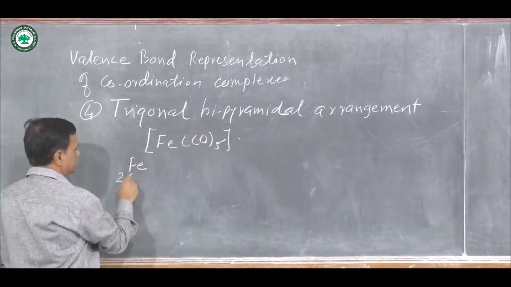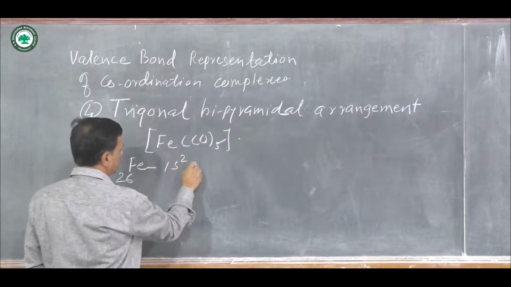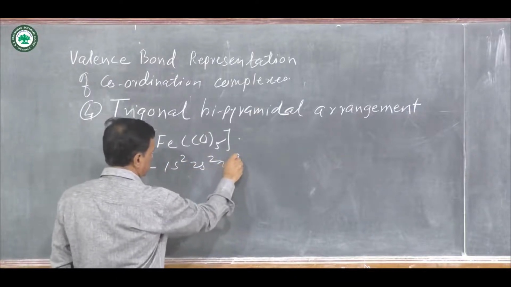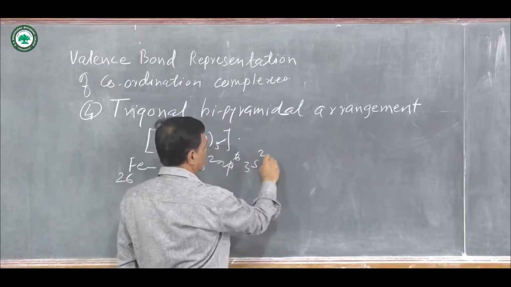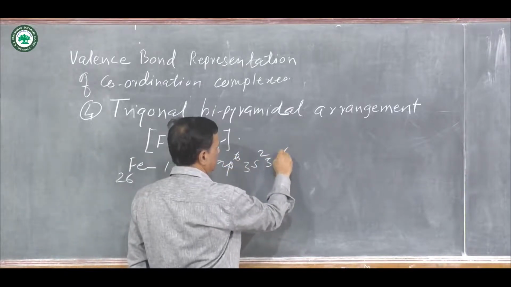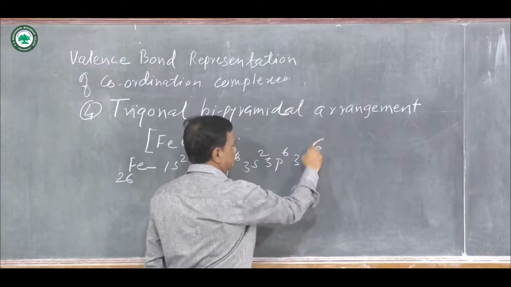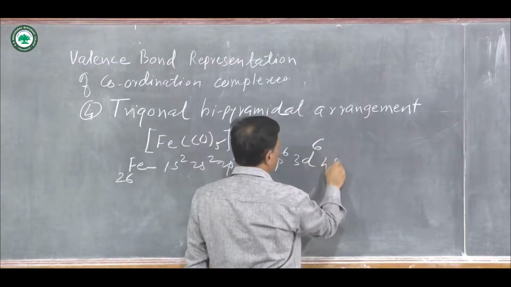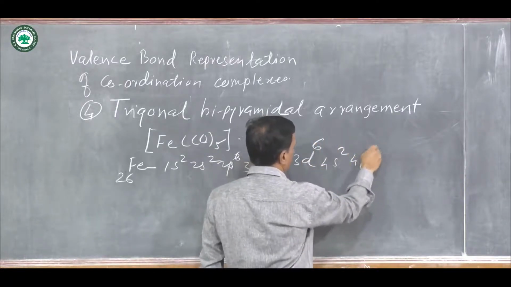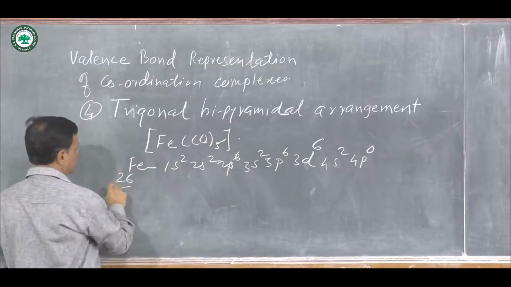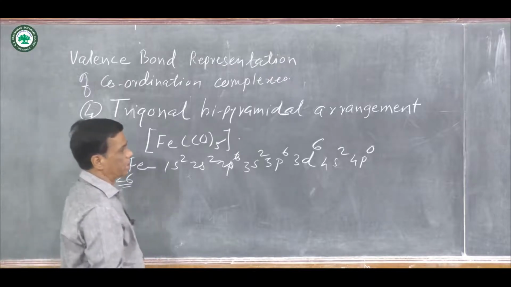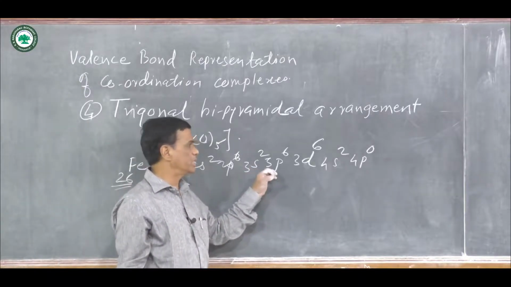atomic number 26 and ground state electronic configuration 1s2, 2s2, 2p6, then 3s2, 3p6, 3d6, then 4s2 and 4p0. This is the ground state electronic configuration, meaning 26 electrons are arranged in various orbitals like this.